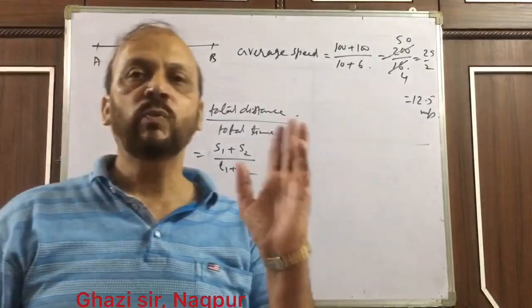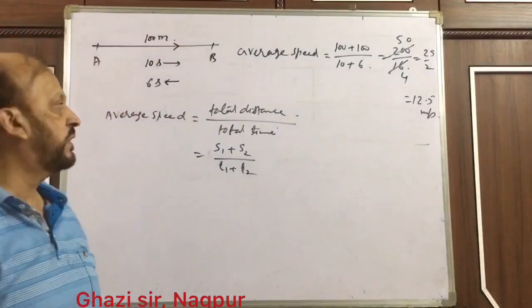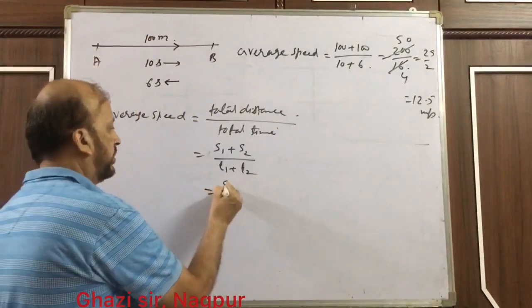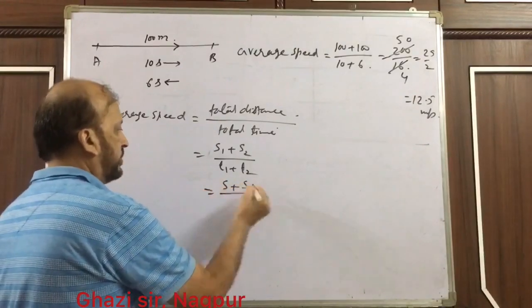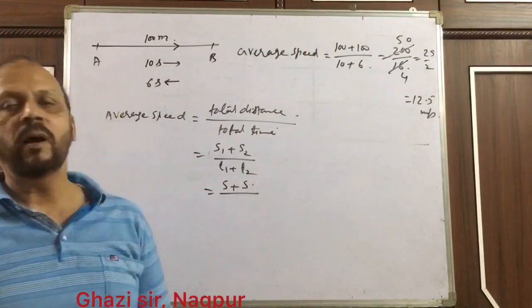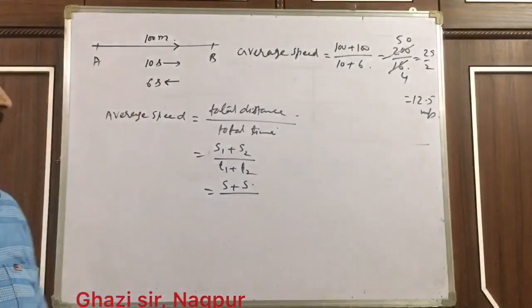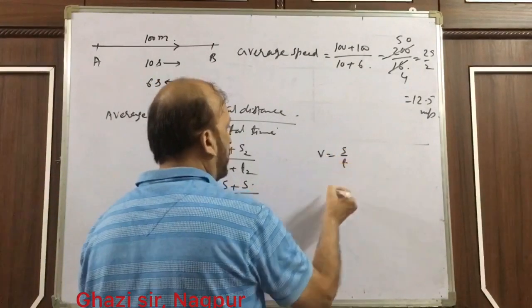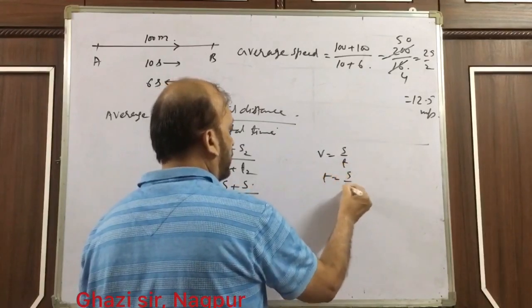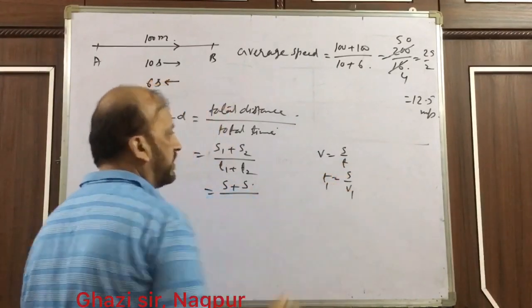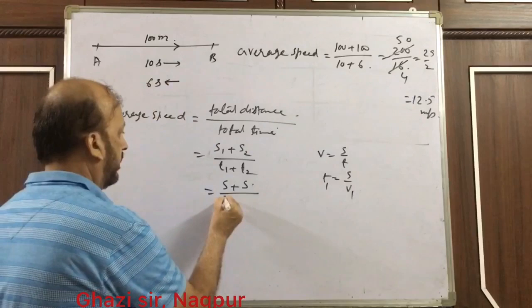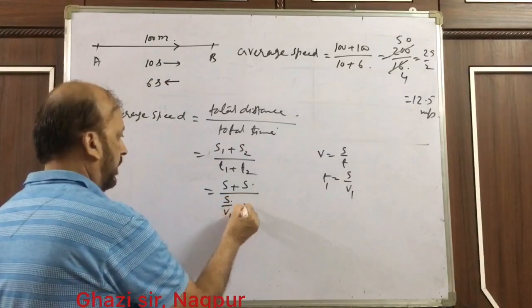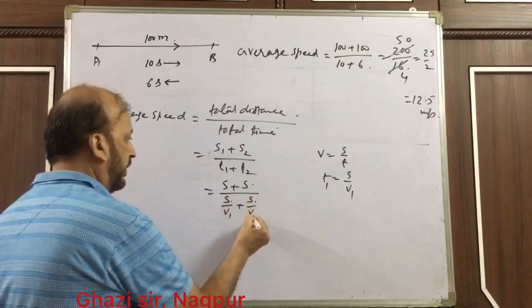Now since S1, S2 both are equal, suppose each of them is S, so this is S plus S divided by time. Suppose we don't know the time, then V is equal to S upon T, therefore T is equal to S by V. So T1 will be S by V1 plus S upon V2.